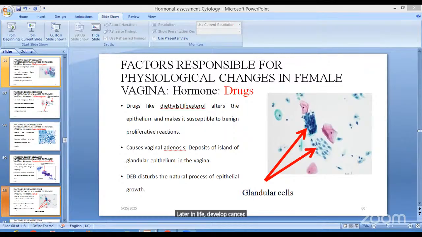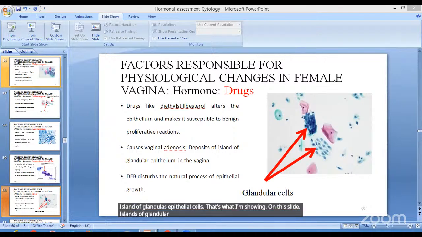So it changed the physiological, the cytological morphology of the offsprings at puberty. To the mothers, it causes what is called a vaginal adenosis. That's deposit of islands of glandular epithelial cells. That's what I'm showing on this slide. Islands of glandular cells.